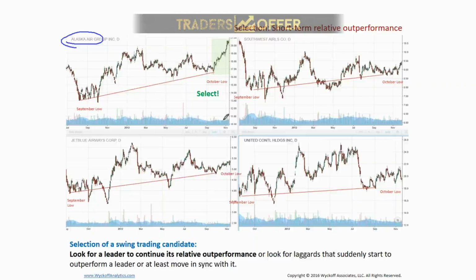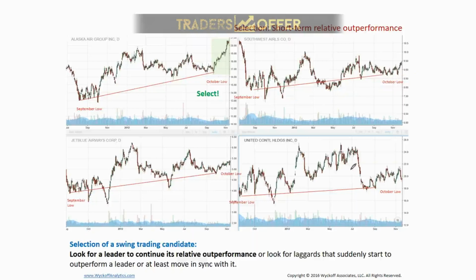For instance, in Southwest, I'm seeing a lot of lows that are going below the stride of the lows between the September and October lows here, and obviously those are different years even. So the fact that Alaska is not doing that is actually showing a lot of strength and potential outperformance.